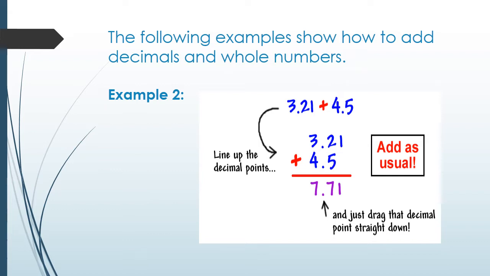Now I start adding normally. Down I don't have any hundredths, so add 0. 1 plus 0 equals 1. 2 tenths plus 5 tenths equals 7 tenths. Add the dot. Then 3 plus 4 equals 7. So the answer is 7.71.